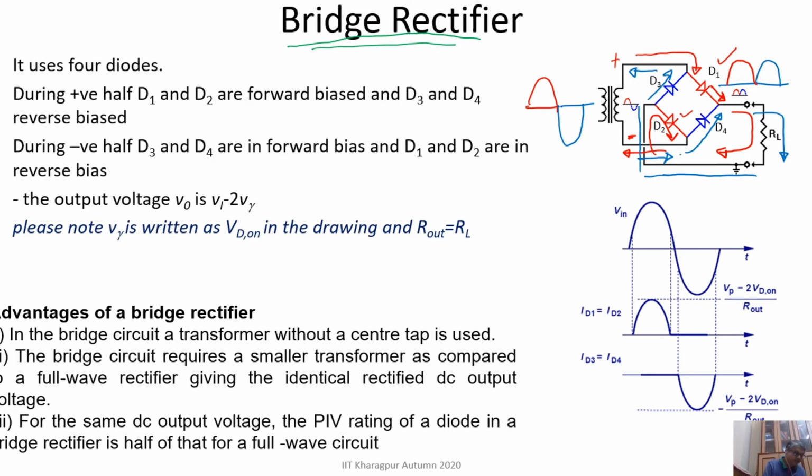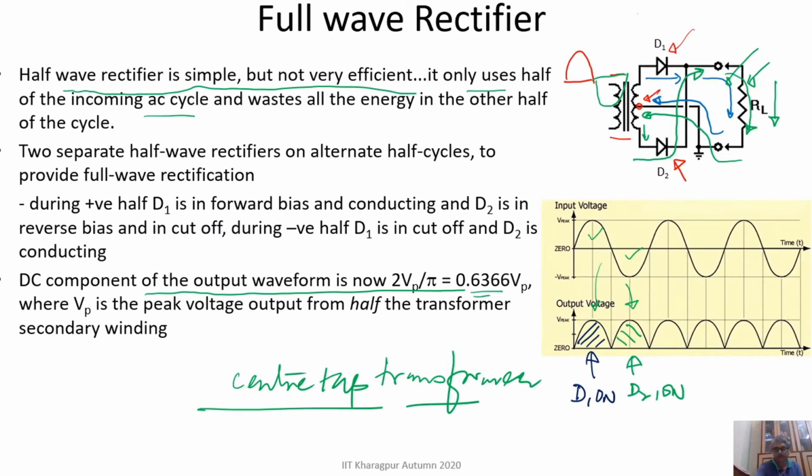But a couple of points to be noted here. One is, in the case of the bridge circuit, we don't need a center tap transformer. Here no center tap is required, whereas in the previous case we needed a center tap to close the loop, whereas here we don't need a center tap transformer.